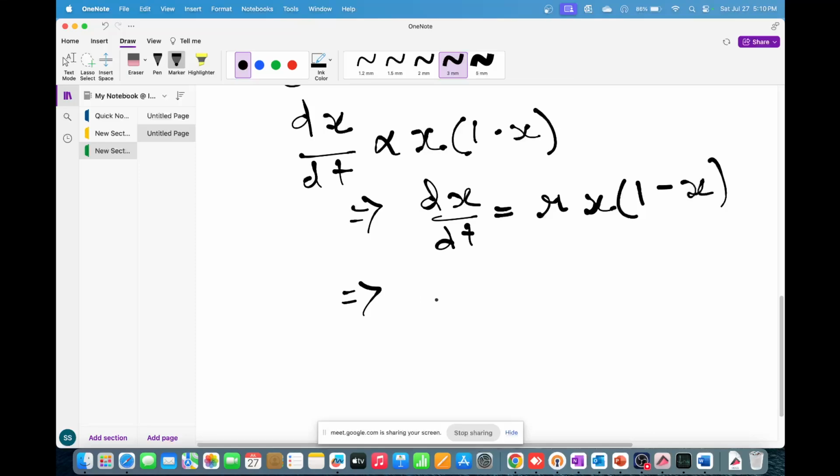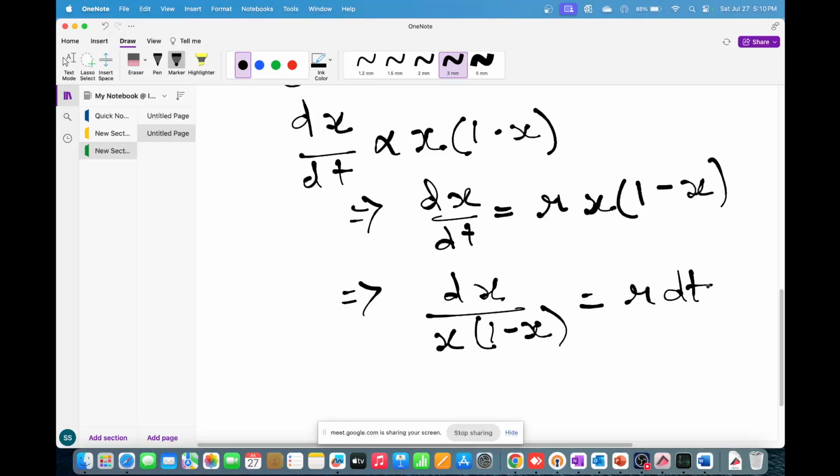It is a fairly simple equation in that you can just separate out the variables. x is your dependent variable. On the left you separate out your dependent variable, and on the right your independent variable. r is a constant, so it doesn't matter where it is. On the right side is your independent variable dt, and on the left side is your dependent variable dx.